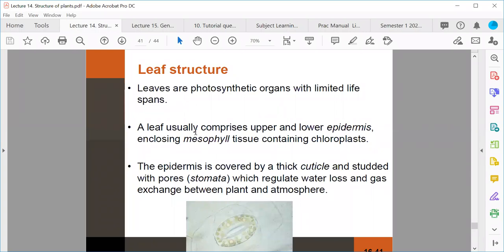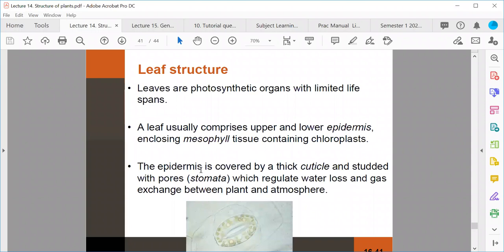A leaf usually consists of upper epidermis and lower epidermis, and the epidermal cells enclose mesophyll tissue, and mesophyll cells are those cells that contain chloroplasts, the organelles responsible for photosynthesis.